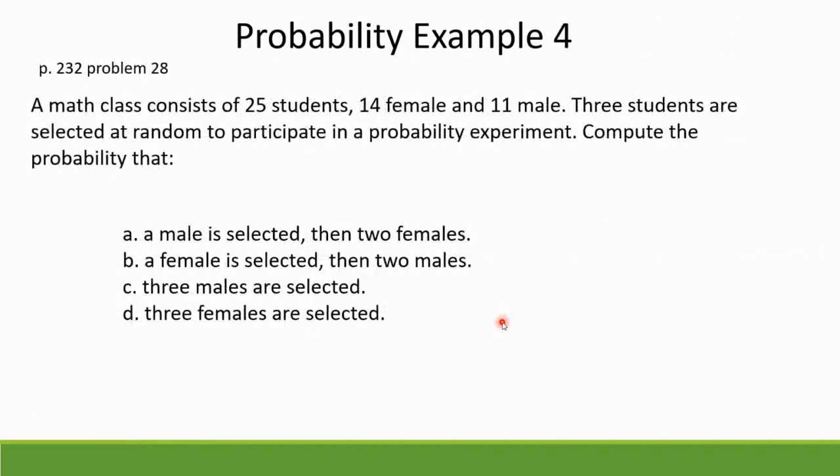Here's another one I got from the textbook, actually. Well, almost all the problems come from the textbook. Suppose we have a math class. There are 25 students altogether, 14 females and 11 males.